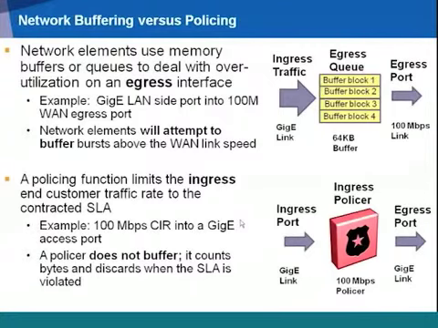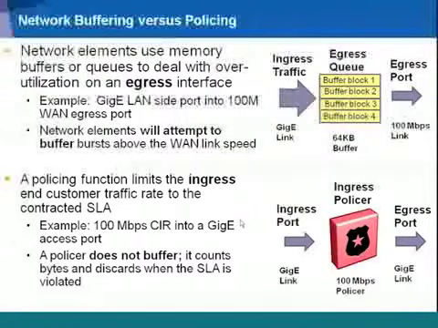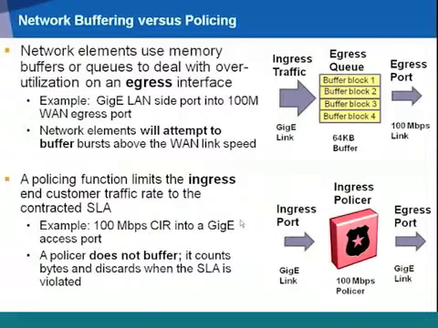But there's a key difference here, and this is something that generally causes confusion. The difference is a buffer is a true memory, while CBS is not really memory, it's a metering function. It's an accounting system. So in other words, CBS at the ingress is simply measured by the number of bytes within the policer time period. Okay?